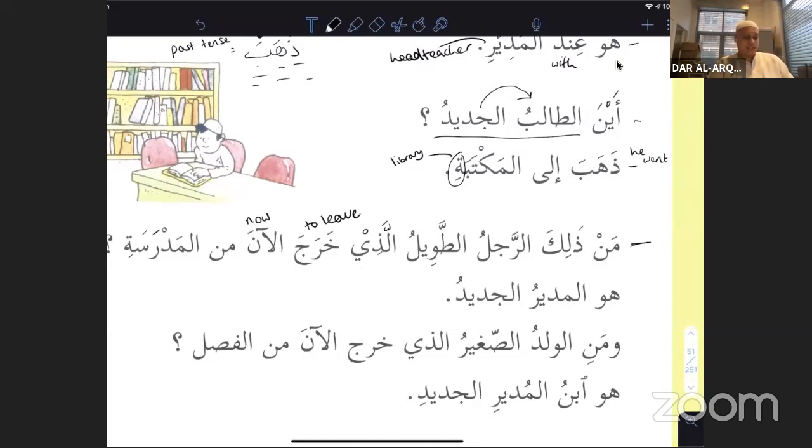Another thing to bear in mind, a fa'il, a doer of a verb, has to always come after the verb. It's a very important rule. Even though sometimes you might not see it, it comes after the verb.